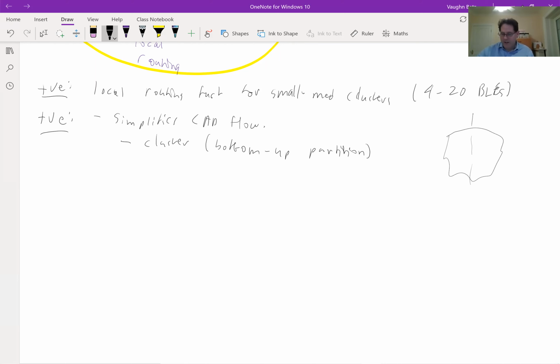I don't want to take this blob of logic and cut it into 2 pieces. I want to cut it into maybe 10,000 pieces. And when you're going to cut it into 10,000 pieces, it's often better to do what's called clustering, which tries to gradually glue things together to make bigger pieces.